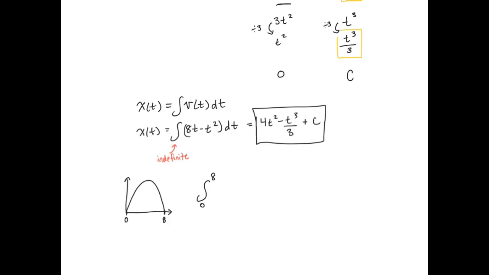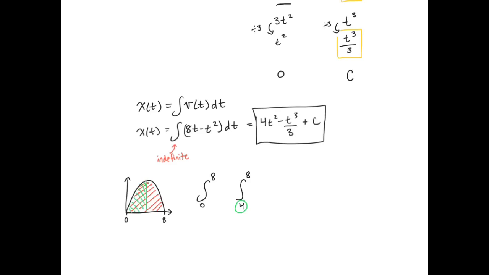But I could also integrate from time equal to 4 to time equal to 8. And what this will do, if we do from 4 to 8, is take the integral at the upper bound, so it's going to take the integral of this whole area here, and it's going to subtract the integral at this lower bound. So it's going to subtract this integral here.